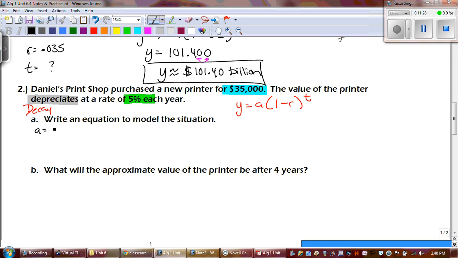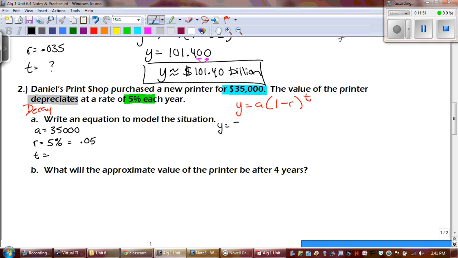A is 35,000. Our rate is 5%, and 5% as a decimal is what? 0.05. And we don't know what the t is yet. So here we go.